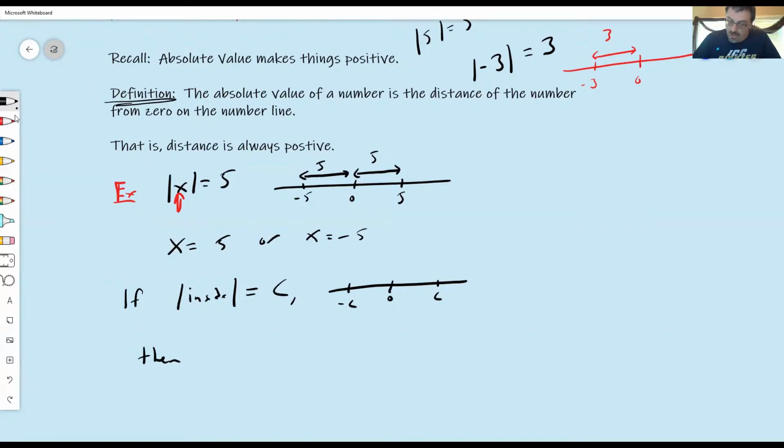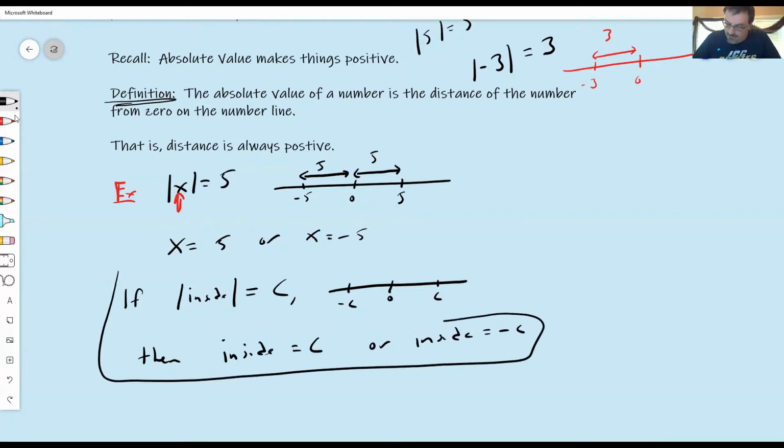Then our answer looks like this: inside, whatever that is, equals positive c, or inside equals minus c. That's kind of a summary of how that works. Now, that's an equation. We're solving inequalities, so it's going to be a little bit different, but still the same basic idea.